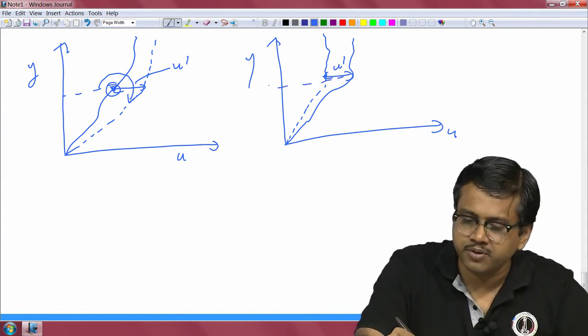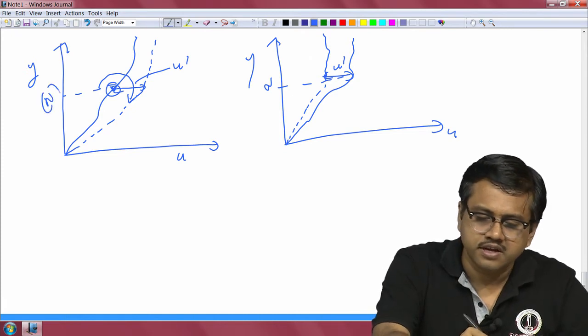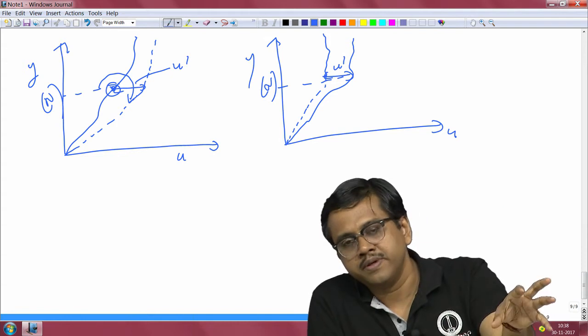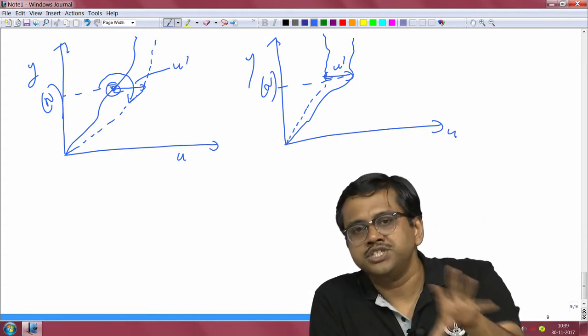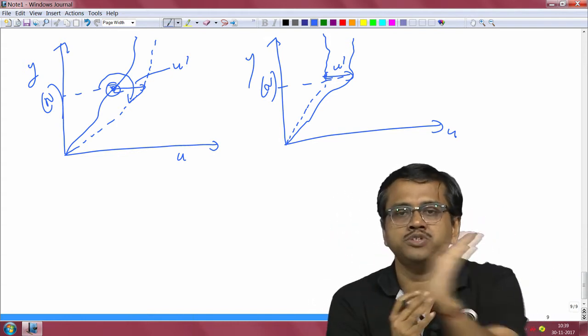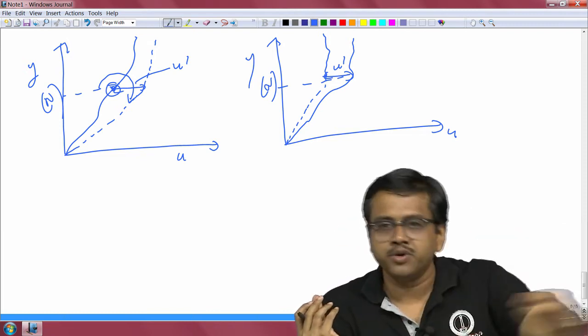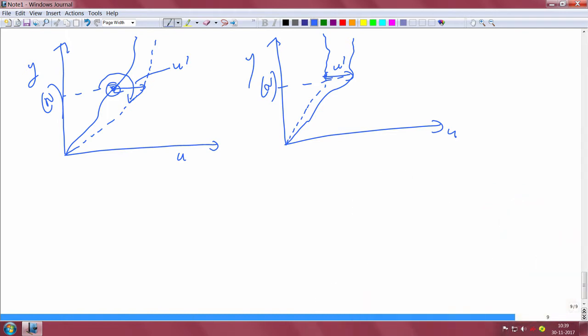Let us mark that point as n. In this point n, it has added this additional u prime. As soon as it has added that additional u prime, what will happen? It will shift in this direction, or there could be some eddy which has transported momentum back, or some eddy with a lower momentum has come here. So, it will shift the boundary layer in the opposite direction, right.